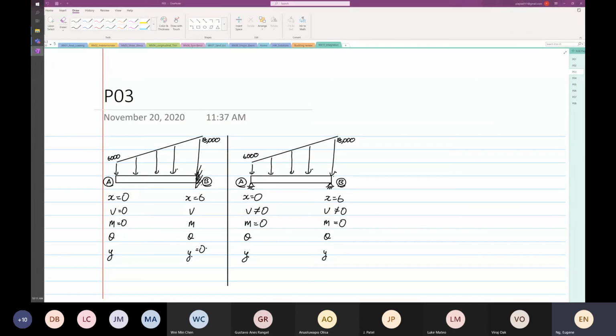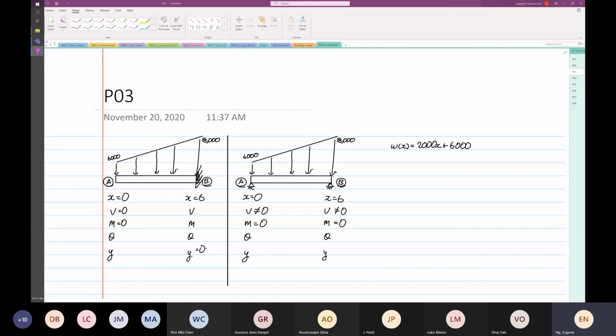Now the equation of the distributed load did not change at all. So we still have omega as a function of x equal to 2000x plus 6000.